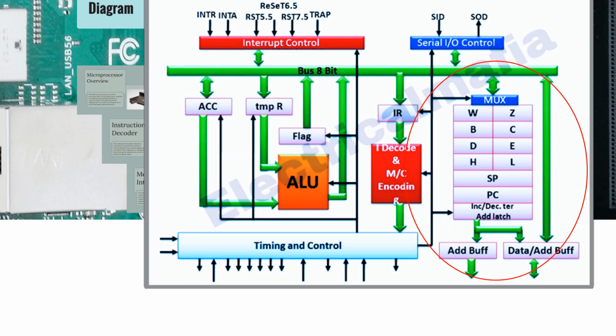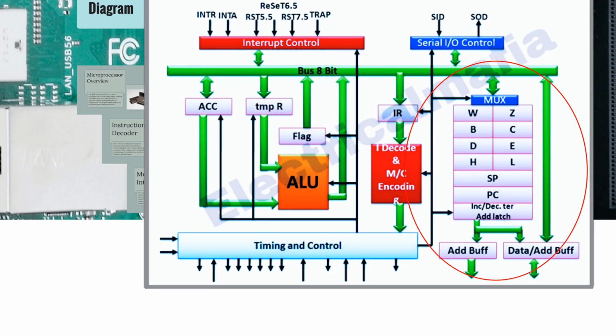The registers in the 8085 microprocessor are essential for performing various operations such as arithmetic, logical, and data transfer instructions. Here the accumulator is an 8-bit register that stores the result of the arithmetic and logical operations. The flag register is also an 8-bit register that stores the status of the flags like sign, zero and carry.